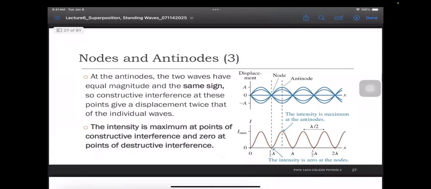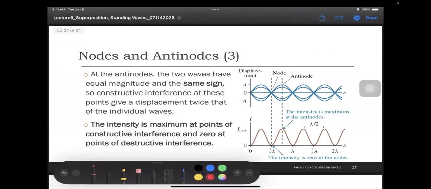At the antinode, the two waves have equal magnitude and the same sign. So constructive interference at these points gives a displacement twice that of the individual waves. Does it make sense to you? Because the original individual waves have amplitude A, this antinode is 2A.